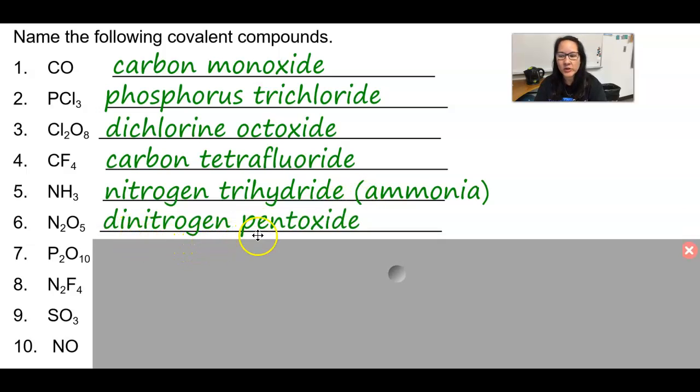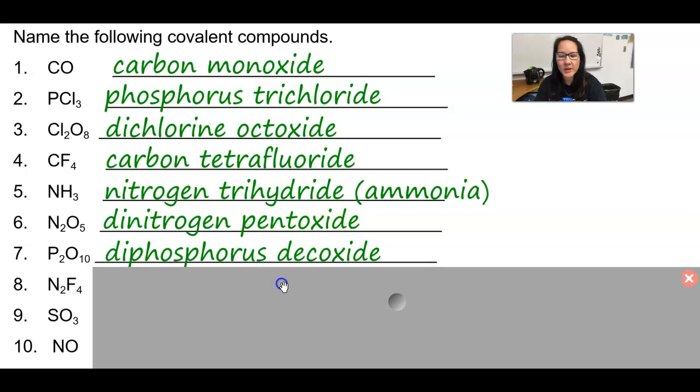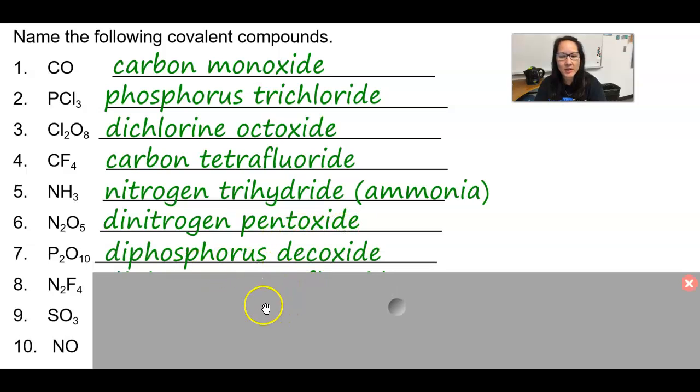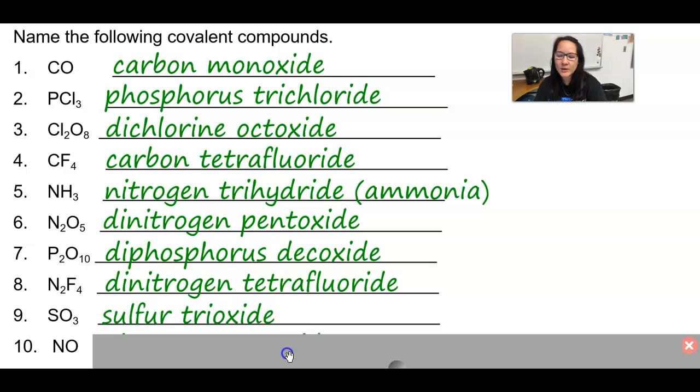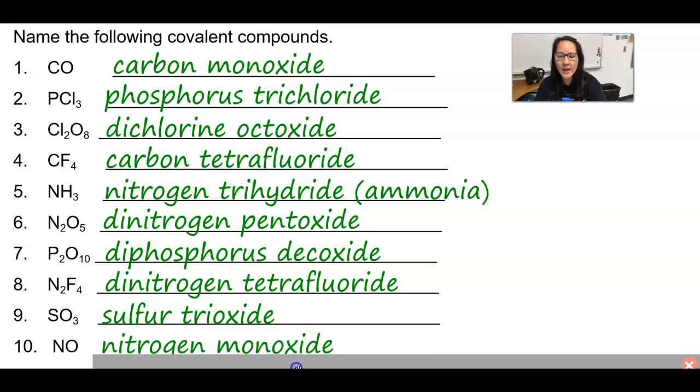N2O5 is dinitrogen pentoxide, P2O10, diphosphorus decoxide, N2F4, dinitrogen tetrafluoride, SO3, sulfur trioxide, and NO is nitrogen monoxide.